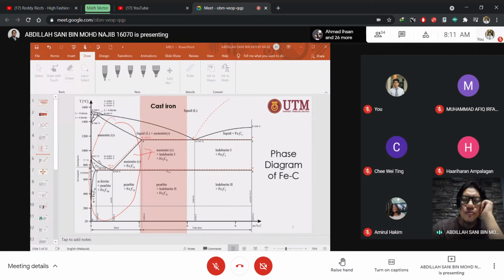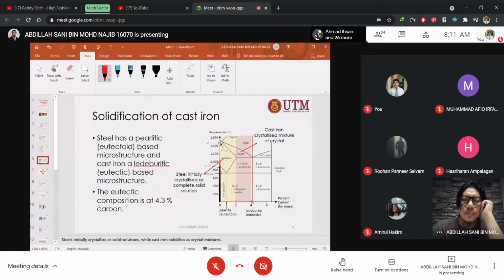And how about for the cast iron? Okay, so for cast iron, we focus on this red area, for example. Steel has a pearlitic base microstructure, and cast iron has a ledeburitic base microstructure.